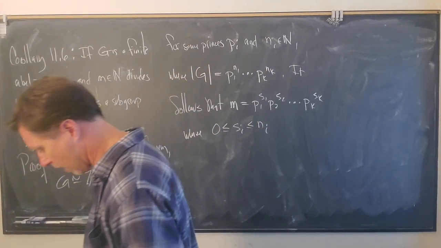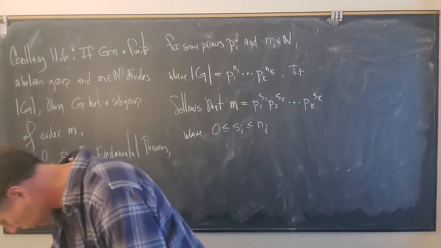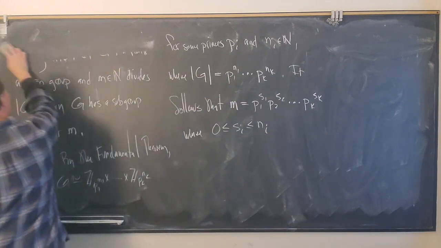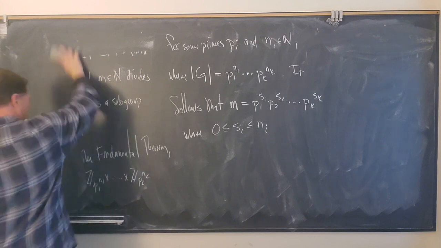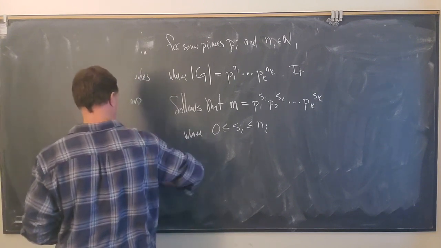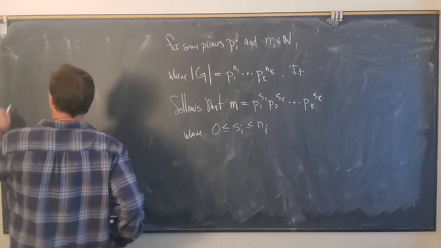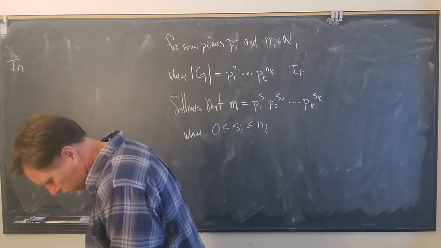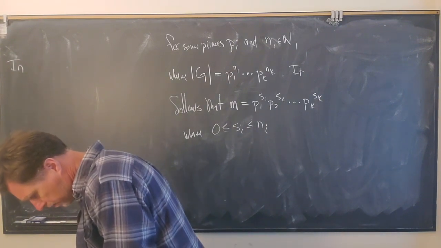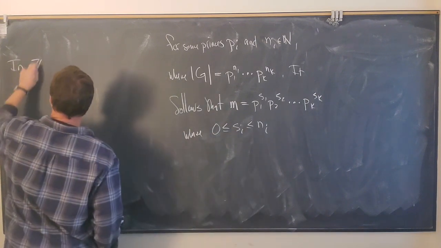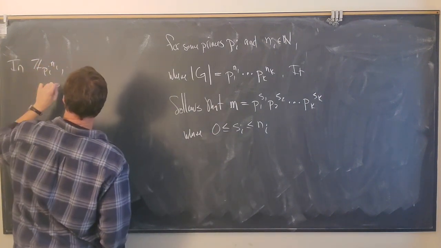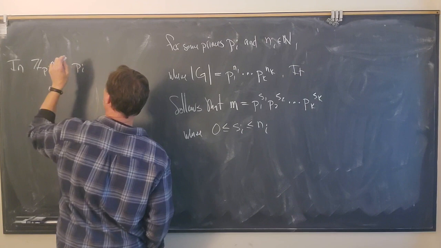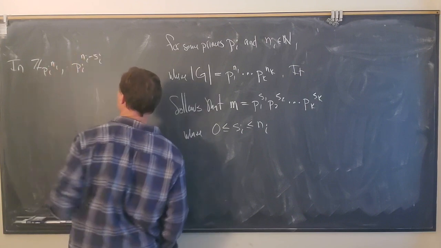Okay, now we're just going to construct this group. So in Z sub p_i to the n_i, we're going to work with the element p_i raised to the n_i minus s_i.